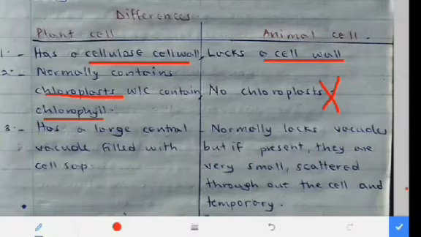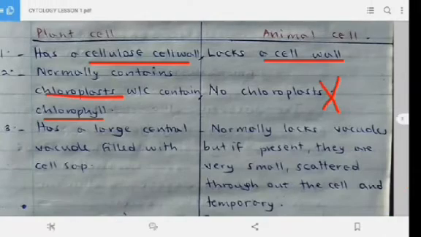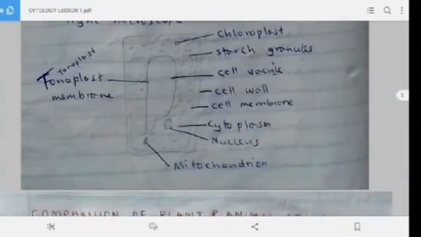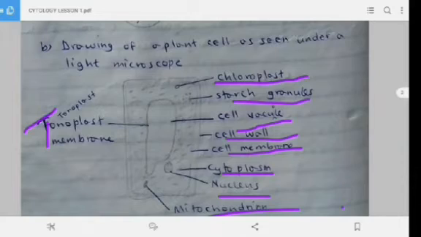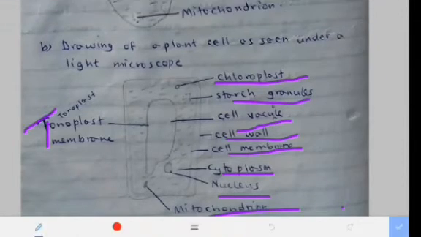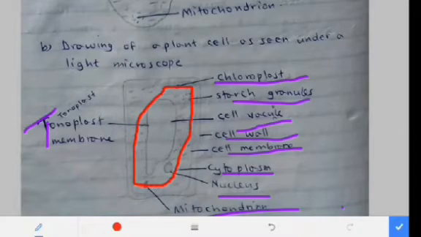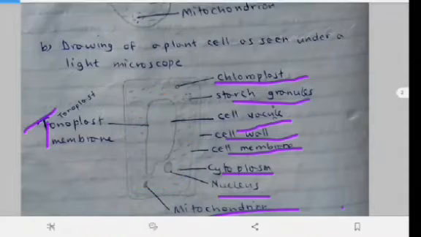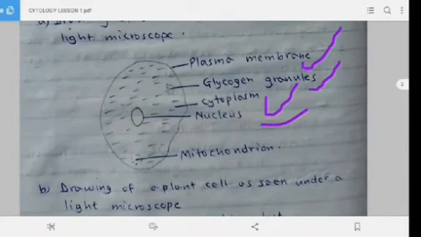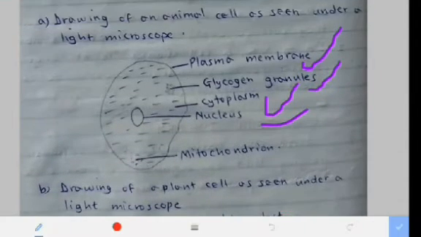Also, a plant cell has a large central vacuole filled with cell sap. You can see how large it is. The cell vacuole is very, very big. This one is the cell vacuole. So it is big compared to the one for the animal cell that is very small, as you can see.